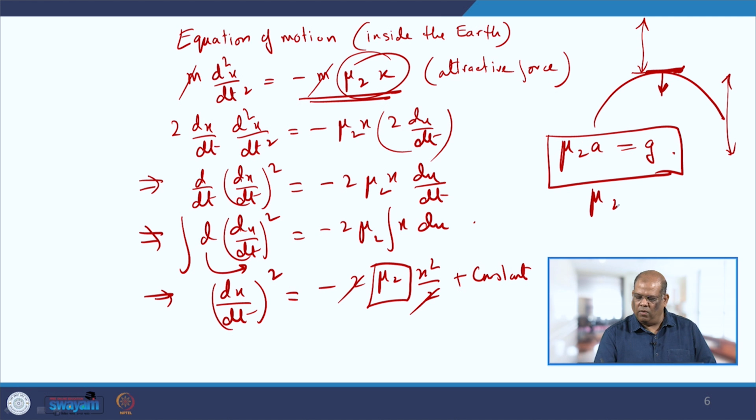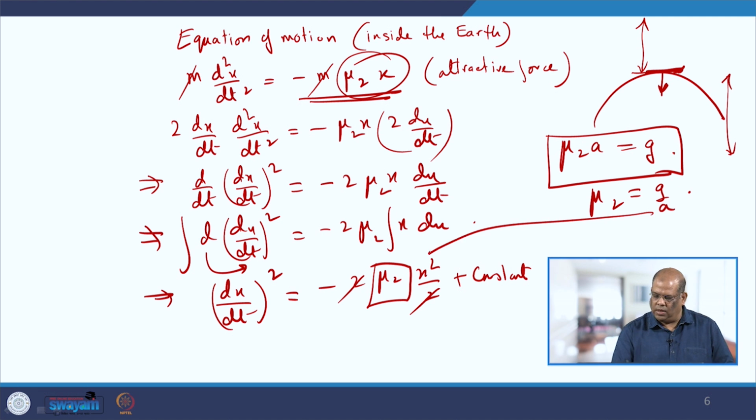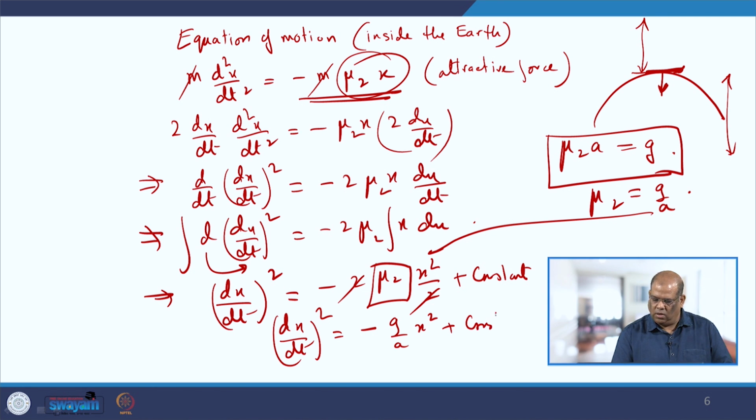From here you get mu 2 equal to g by a. Substituting this, you get (dx/dt) whole squared equal to minus g by a x square plus constant.